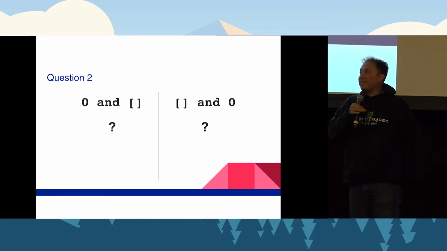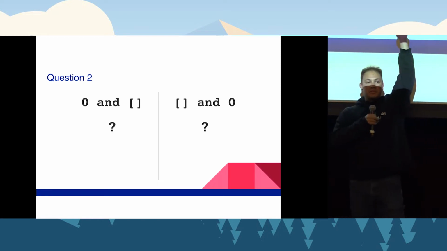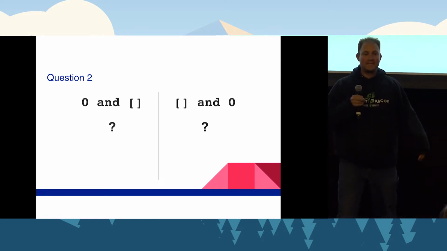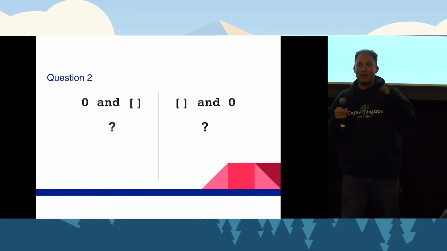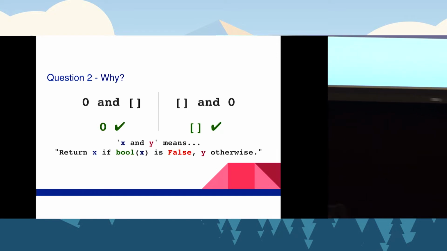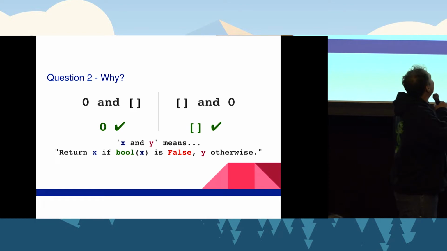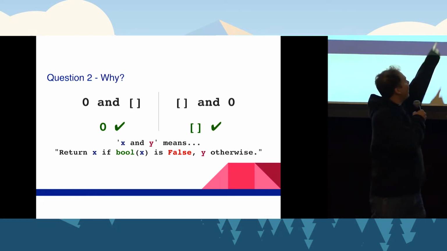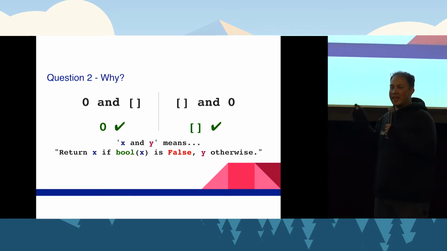We had half and half answers on that. All right, here's another one. What's the answer to this, and what does this evaluate to? Ready, go. Ooh, interesting. This shouldn't be hard. We're all good at this, right? Okay, here's why. We got 0 on that side and an empty list on that side, because Python does very specific things when it's doing ands and ors.